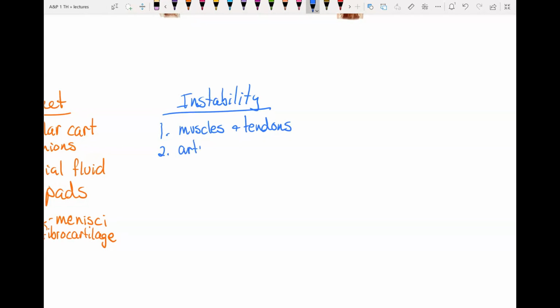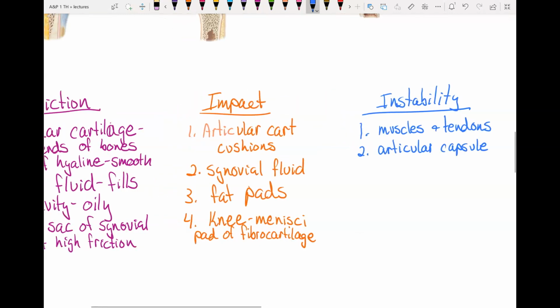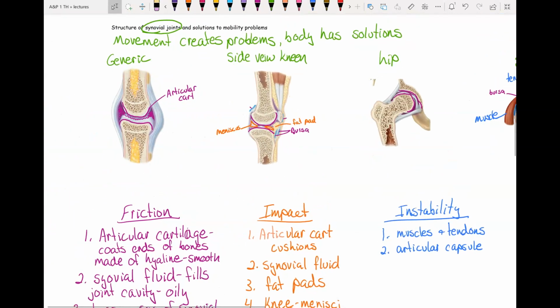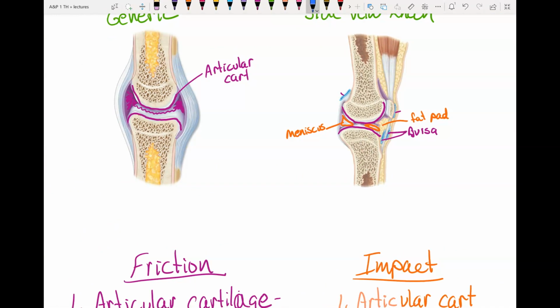You have an articular capsule. So we can see that back here. This structure here, and now this is a cross-section view, it actually wraps all the way around 360 degrees. This is connective tissue that wraps around the joint.